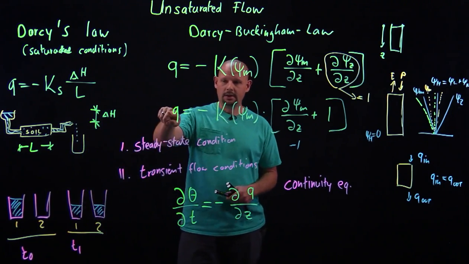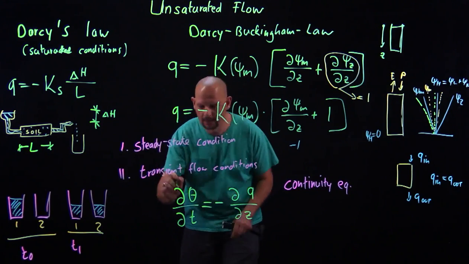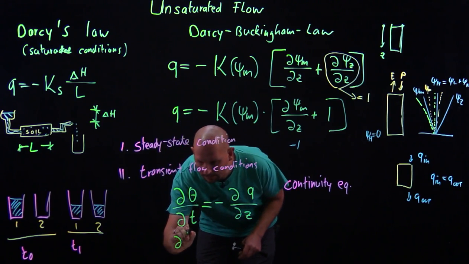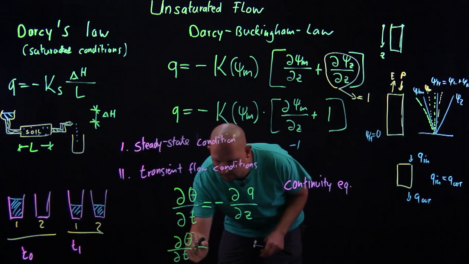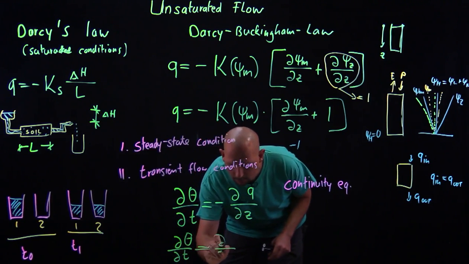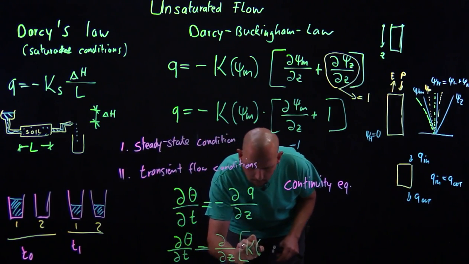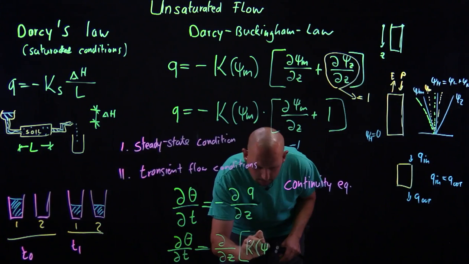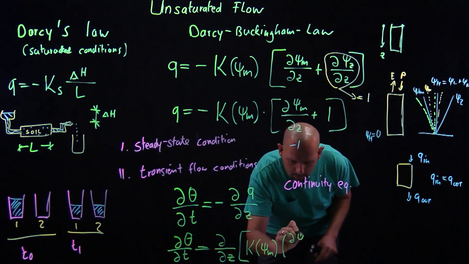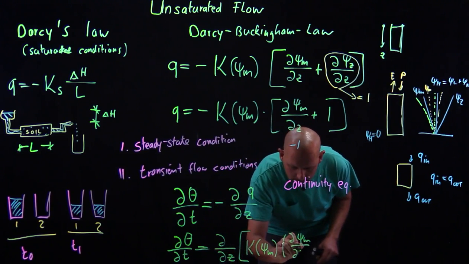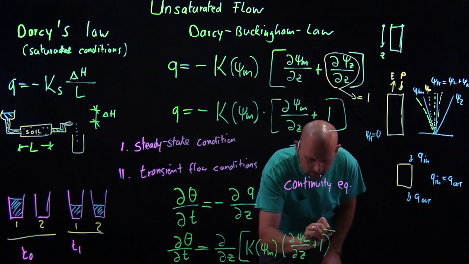So we can go ahead and insert this equation into the continuity equation, and that leads to this relationship here. And then we have our hydraulic conductivity, and this times the derivative of the matric potential with respect to z plus 1.